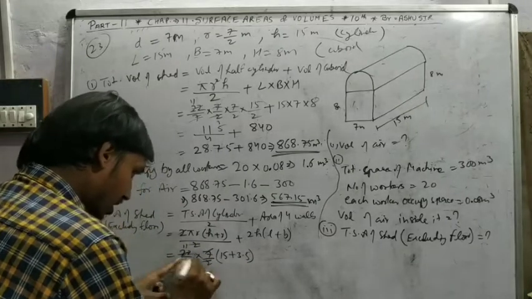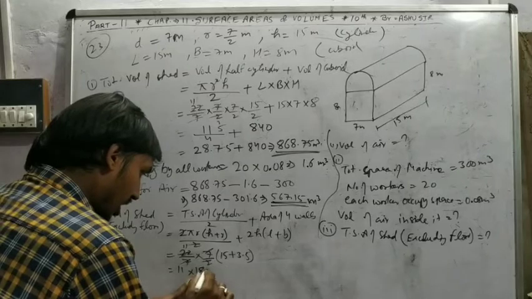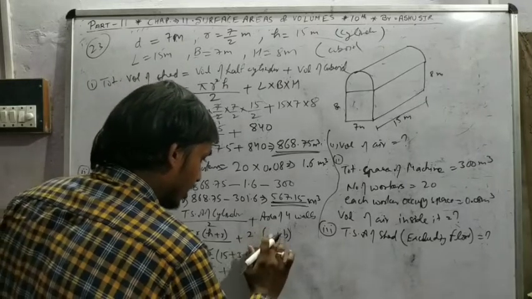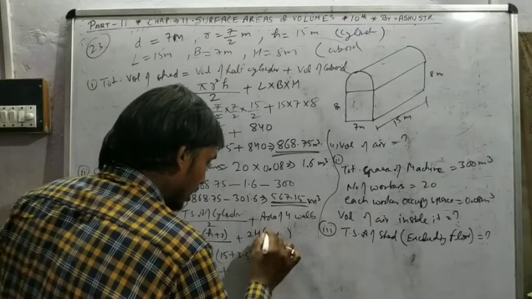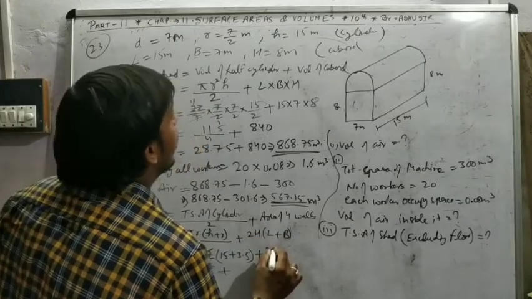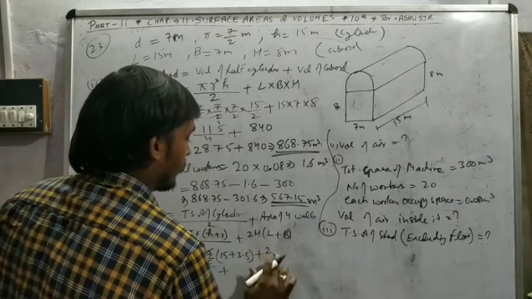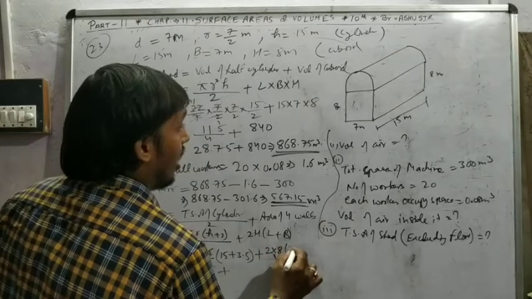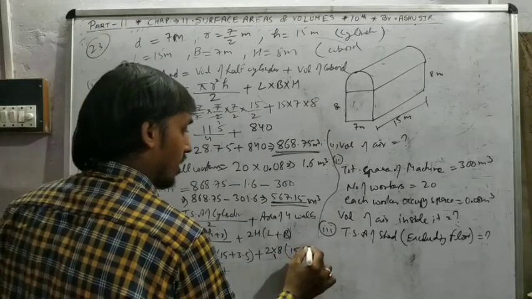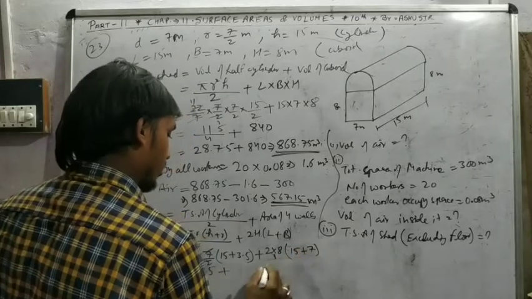So 11 into 18.5 plus, we take 2 into h, that is 8, l 15 plus b 7.